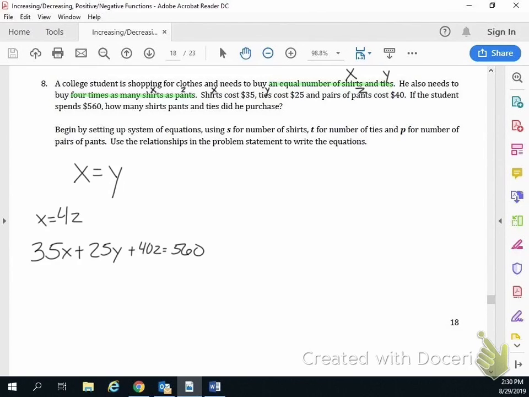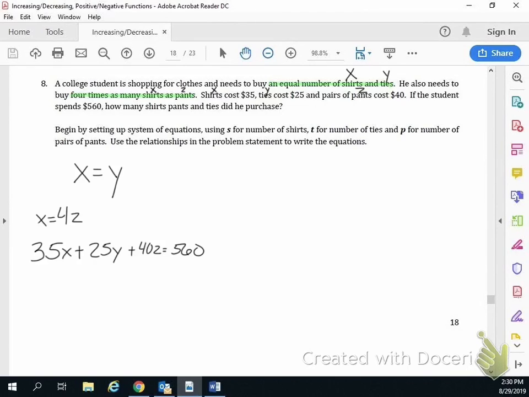Now, looking at this, there's an easy way to go about solving this. It's 3 by 3, yes, and that's a lot more work than 2 by 2. I can easily change this into a 2 by 2 by taking advantage of this. Because in this problem, are X and Y going to be the same numbers? Yes.